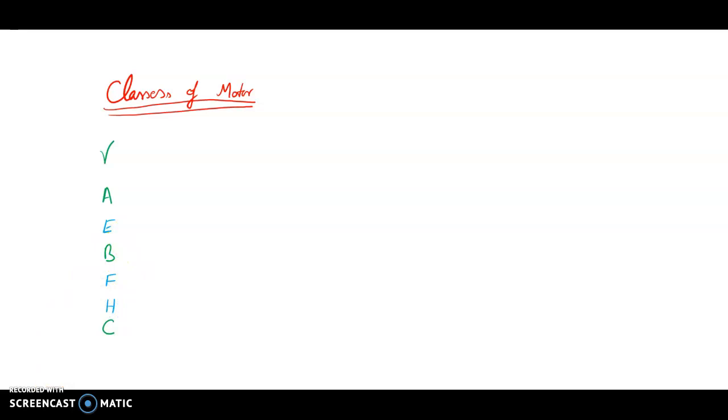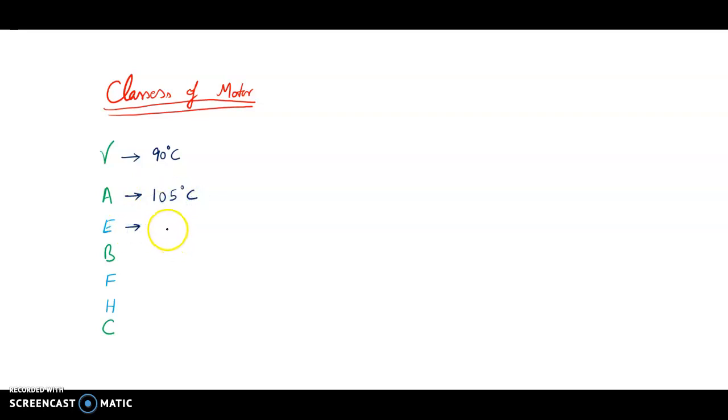So how they are classified: if a motor is labeled with Y insulation type, that means it can resist a maximum of 90 degrees centigrade. The insulation material will sustain up to 90 degrees centigrade. If its insulation class is A, it can sustain 105 degrees centigrade.